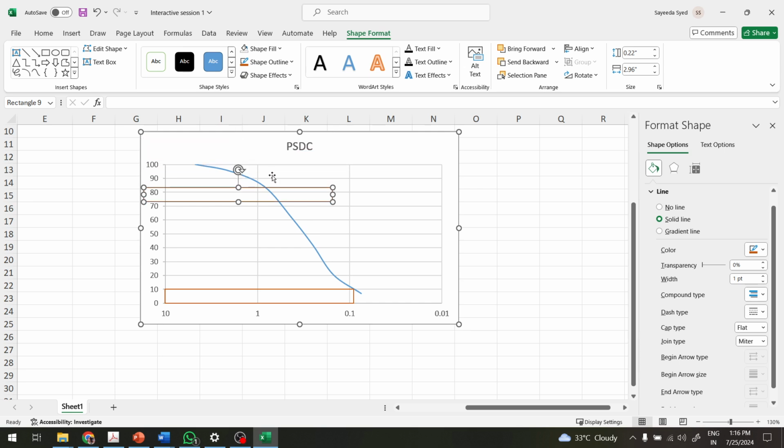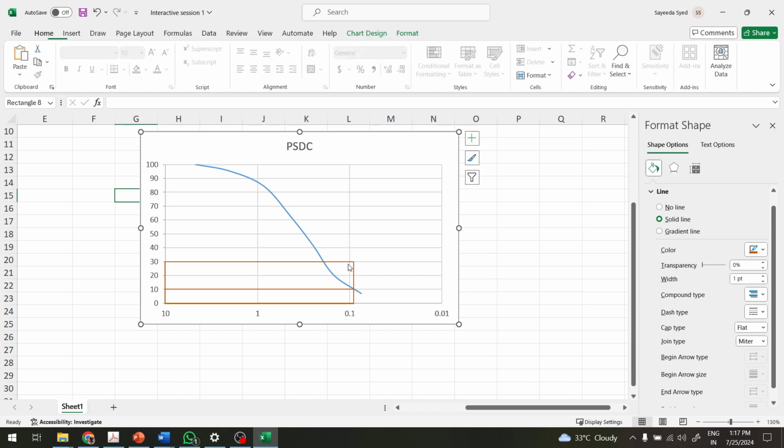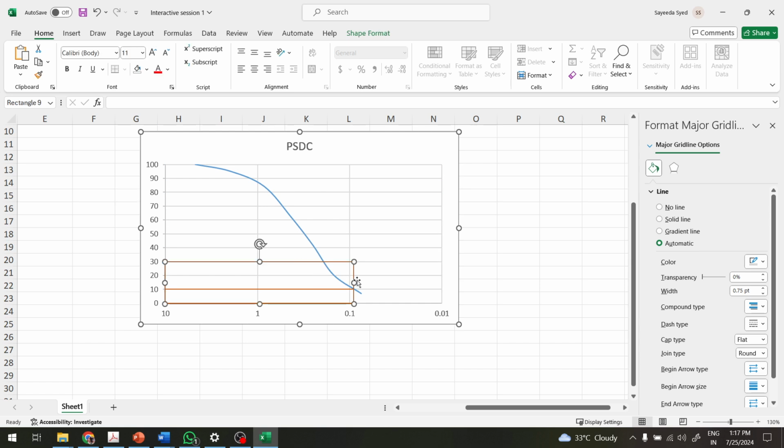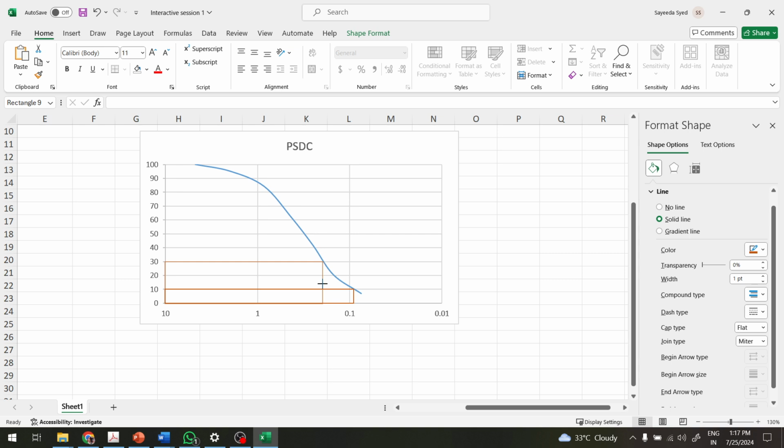We will have our 30% will be here, and then we will have our 60%, which will be here.